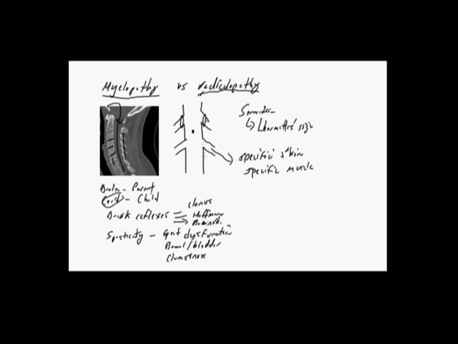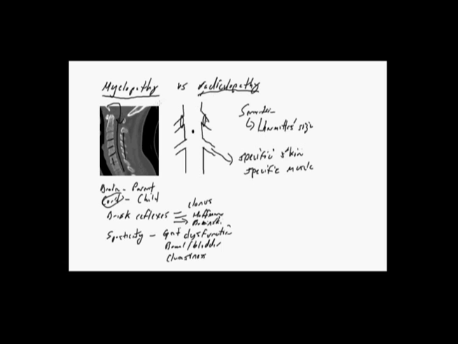So depending on which nerve is involved, a very specific or dermatomal pattern of changes in sensation is going to occur, such as numbness, tingling, loss of light touch, things such as that in a very specific pattern. And same thing with the muscle group. So specific weakness related to a particular muscle will also occur if this nerve is being injured in some way. So that's the difference between myelopathy and radiculopathy.